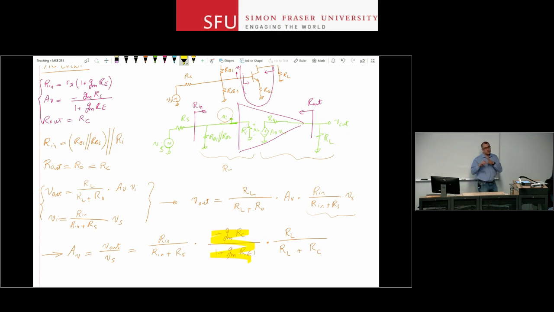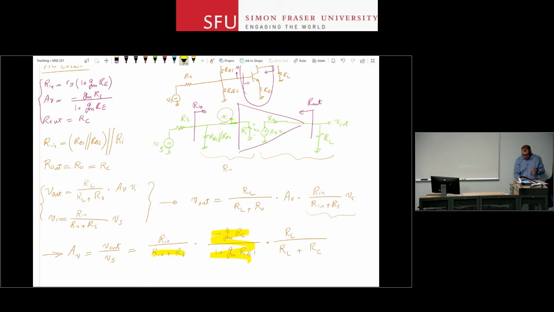Now, because I have a load resistance and a source resistance, I take a hit. The original gain that I had is now reduced. Why? Because only a portion of that voltage appears across RL. I have a little bit of voltage drop across the RO of the amplifier. And at the input, same thing. The amplifier sees only a portion of the signal source.